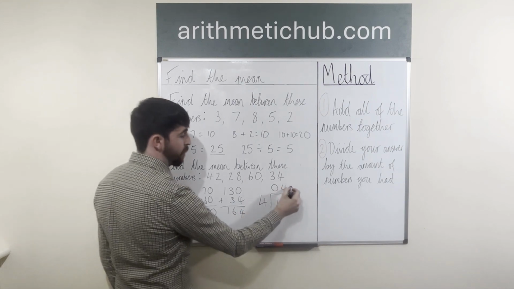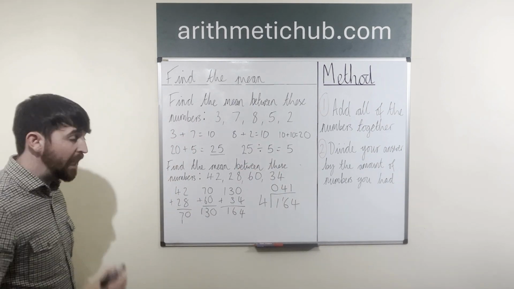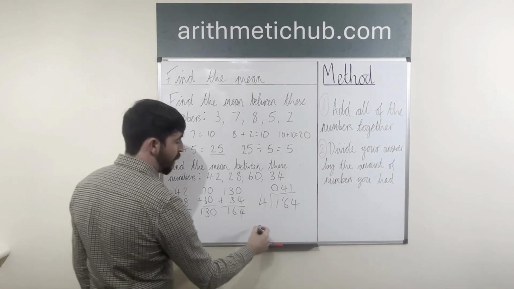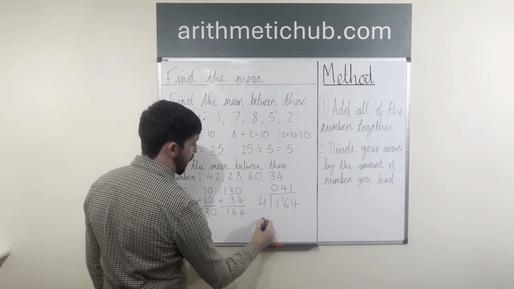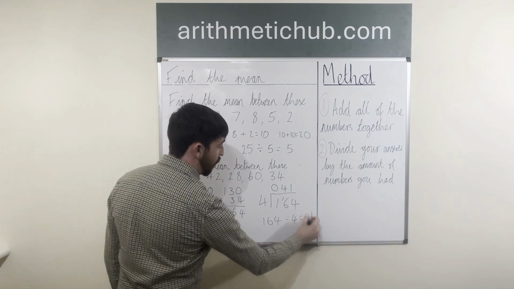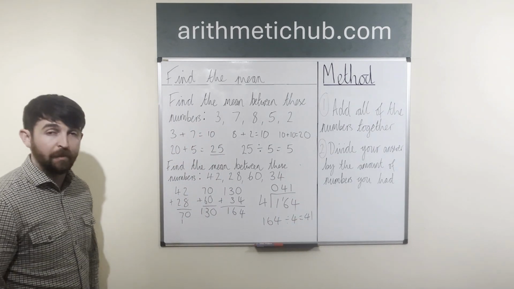And 4 goes into 4 once. So the mean of these numbers would be 41, okay? My answer would be 41. And I can write 164 divided by 4 equals 41.